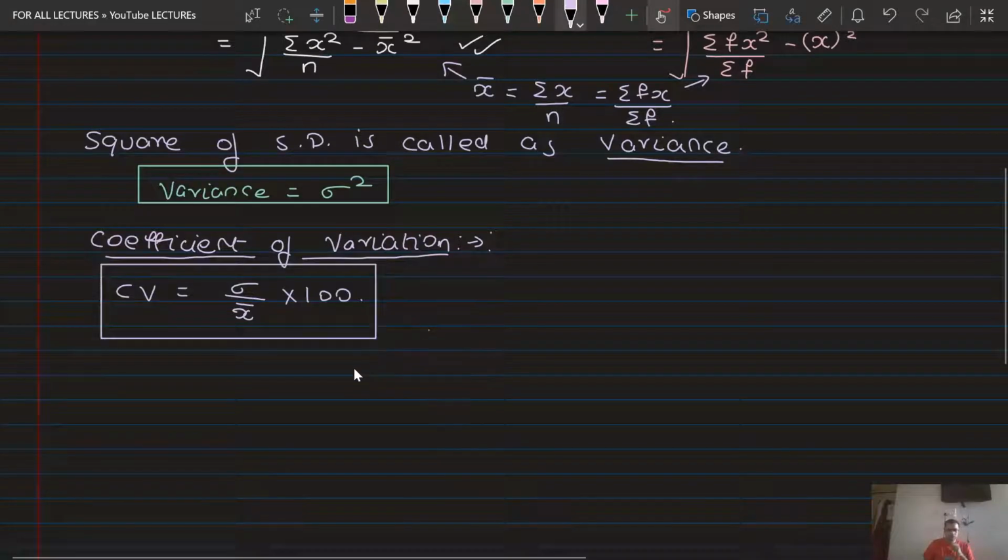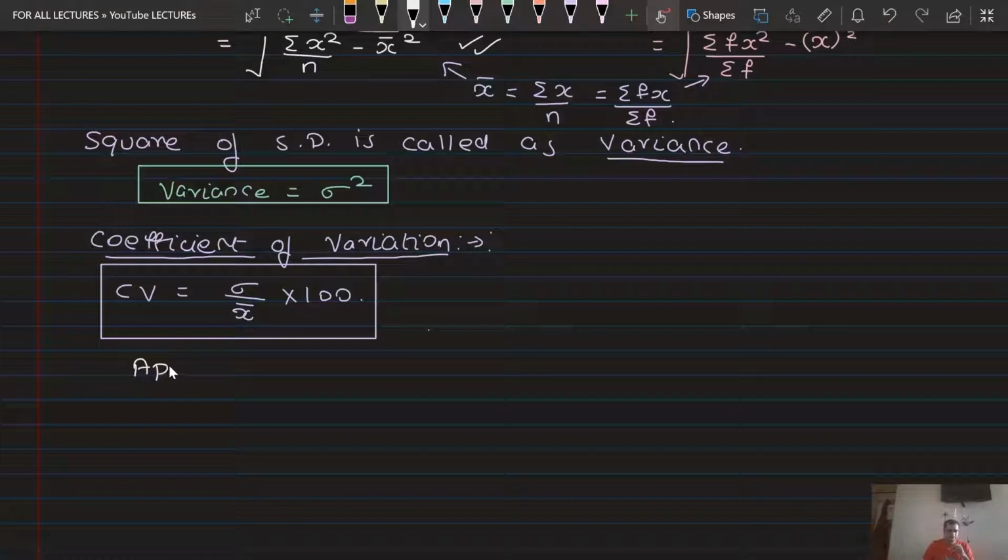Now see, before showing you how the application is done, I'll explain what the meaning is. Because application of the formula is very easy, but interpretation of this formula's answer has to be understood and kept in your mind properly. So let us see the use of this coefficient of variation.